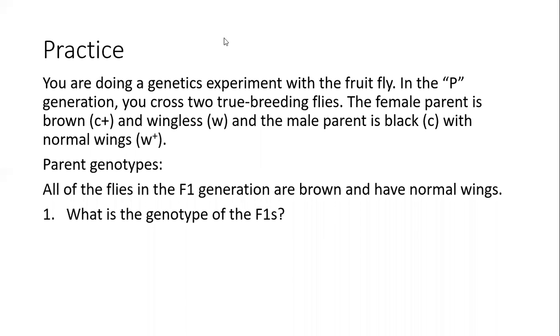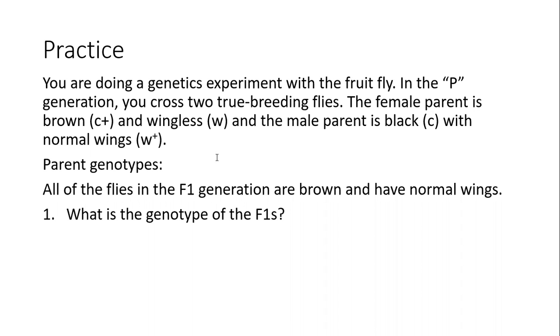So here's a practice problem. You're doing a genetics experiment with a fruit fly. In the parental generation, you cross two true breeding flies. So from your previous genetics life, you should know that true breeding means that you have only one type of allele. So whether it's the dominant or the recessive, if we're talking about Mendelian genetics, you have only one type of allele to give to the next generation.